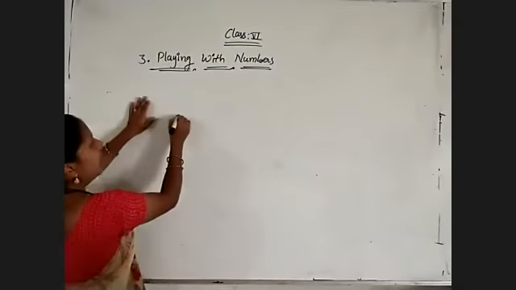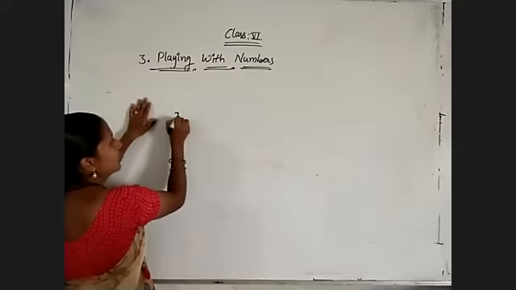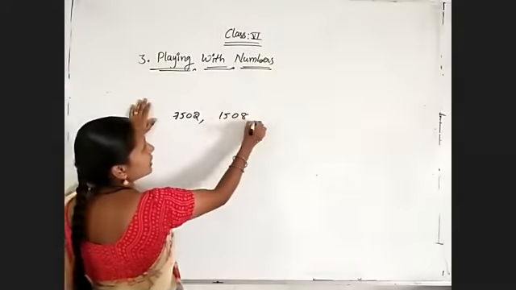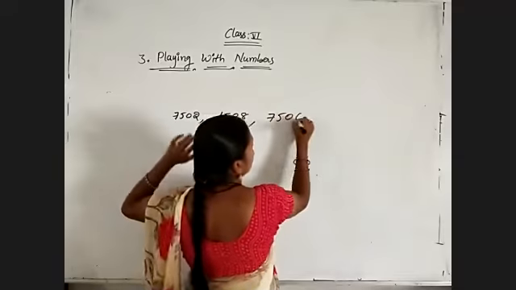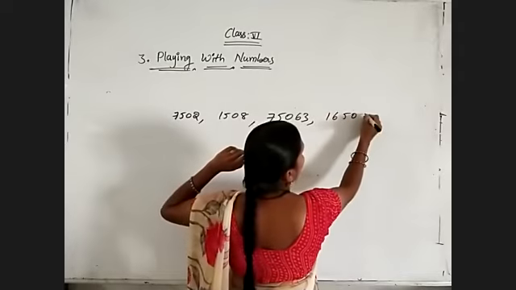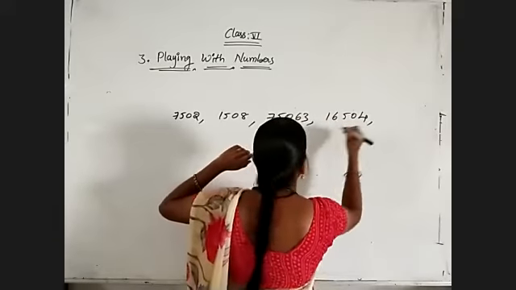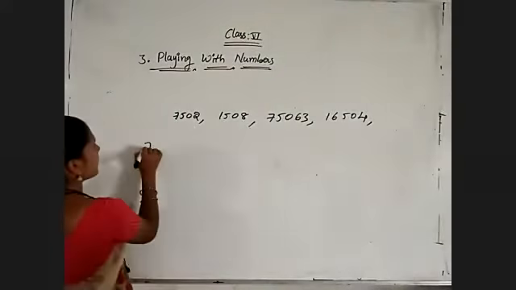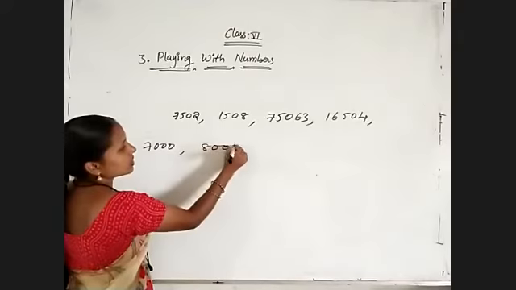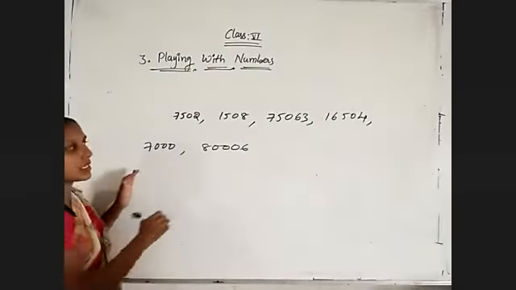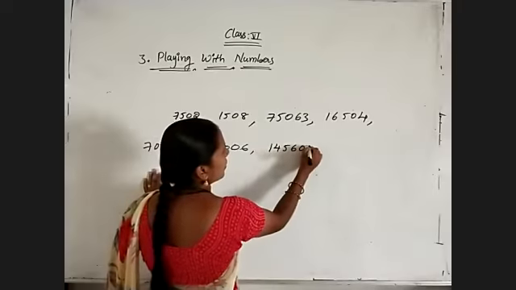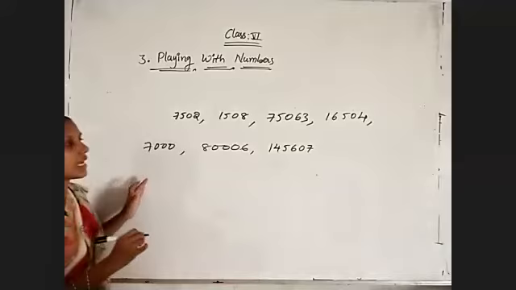For example, I am giving 7502, 1508, 75063, 16504, 7000, 80006, and one more number, 145607. Like this I have the numbers.